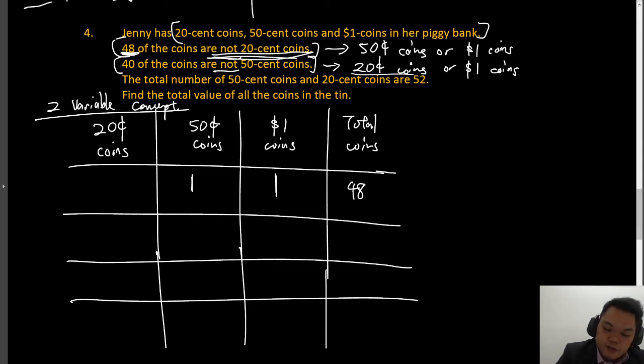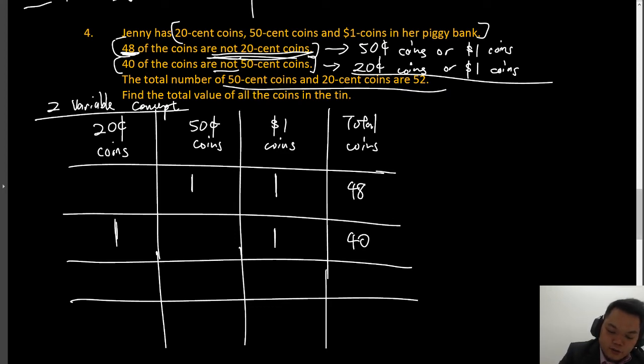The second statement says that if you have all your 20-cent coins or your $1 coins, all this would add up to 40. Correct? And finally, your 50-cent and 20-cent coins are 52. True? I'll explain how to do it by the P4 way in a while.